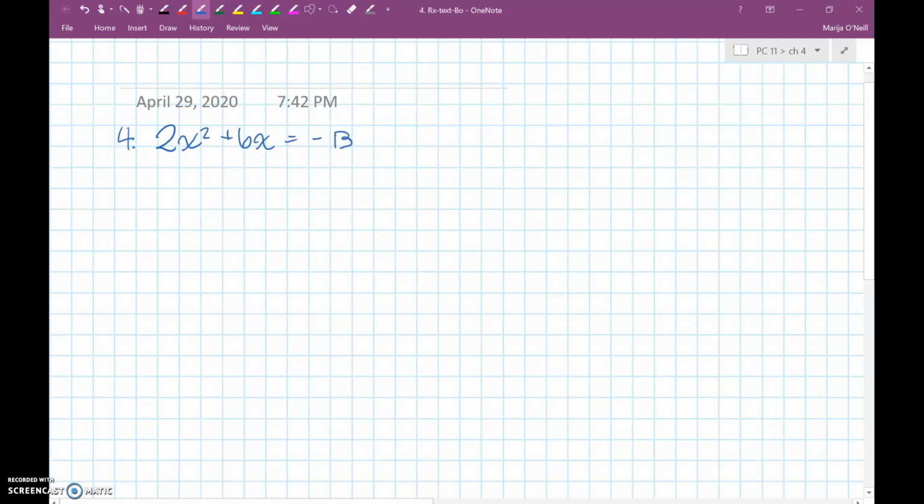Then I'm going to divide them all by 2 because the coefficients of x are both divisible by 2.